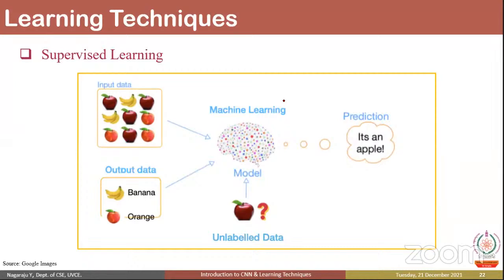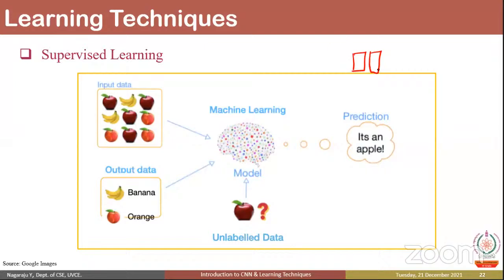So we know what supervised learning is. This is like how a baby learns, how we teach a baby. We are going to show a flashcard to the baby. This flashcard will have images of animals or characters or anything.